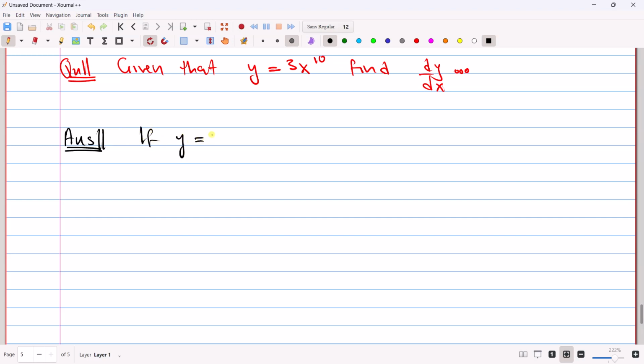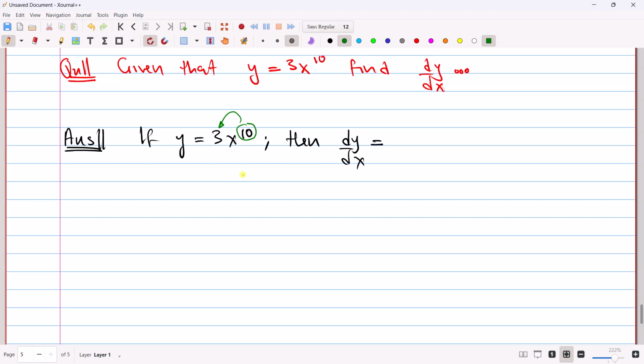If y is equal to 3x^10, how do you find the derivative? Every time you're given a function like this and you want to find dy/dx, this is how you go about it. The first thing you do is take the power that is given and multiply it by the coefficient of that term. That is instruction number one incorporated in that definition.